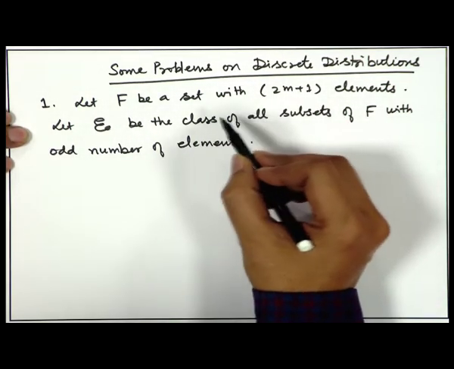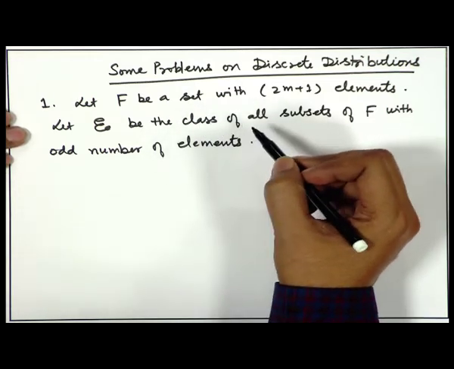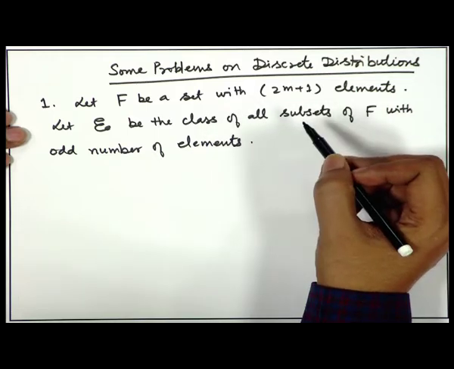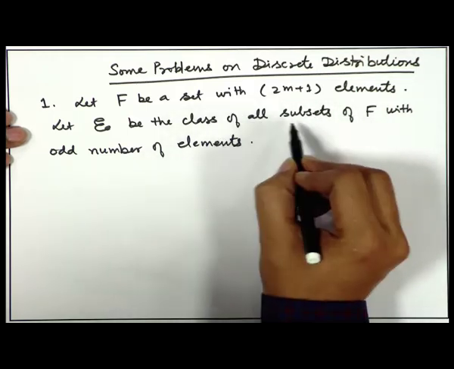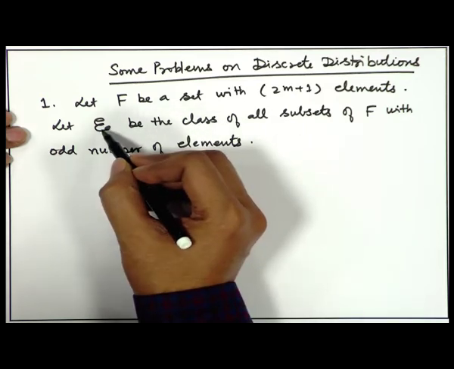So, we consider those subsets of F which have odd number of elements. That means, they may have 1 element, they may have 3 elements, they may have 5 elements, etc. And the set of all such subsets is called the class. It is denoted by script E.